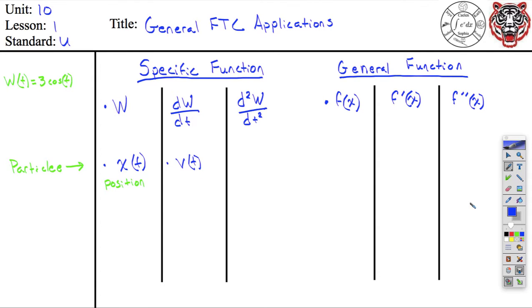And what does v of t represent? Velocity. When I take the derivative of velocity, I get, use your physics knowledge, a of t. And what does a of t represent? Acceleration, there it is.